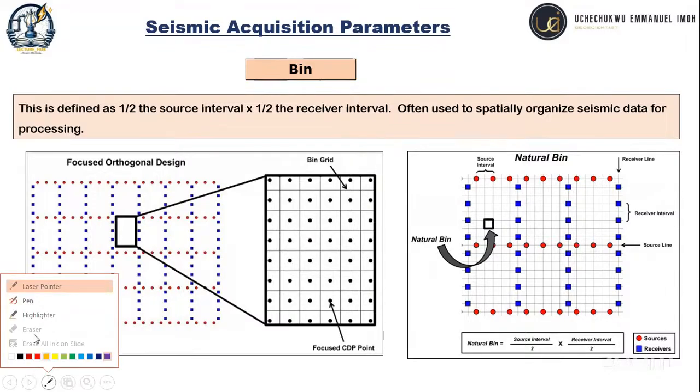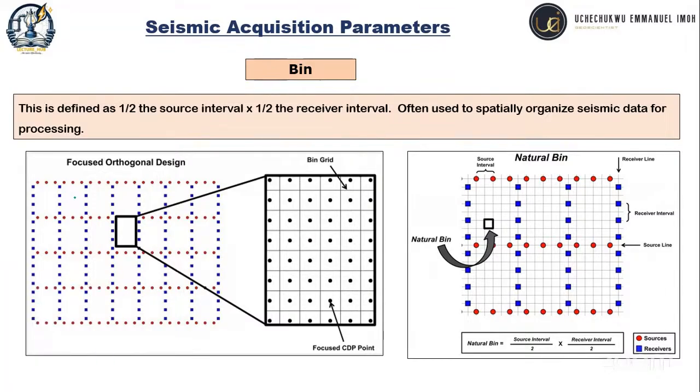Also here, we have the binning. During your processing, you need to reference your data into bins in order to make it easy, because in the subsurface, you have your midpoints or your CDPs. So your CDP gathers have to be within a bin, okay?